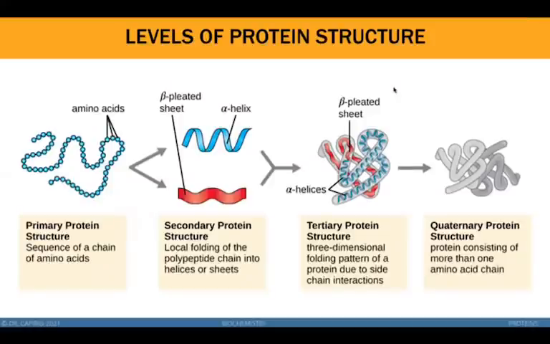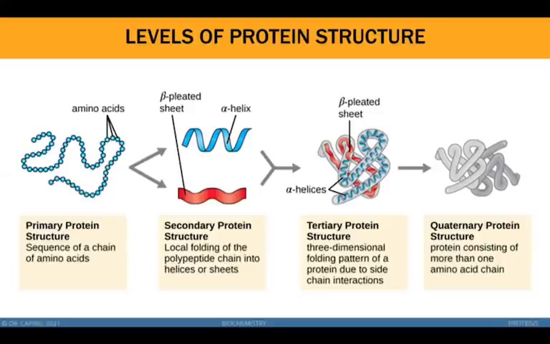Now, proteins are organized into levels of structure. We have the primary structure of proteins, the secondary structure, tertiary structure, and quaternary structure. When we say primary structure, this is what we have been discussing in the previous lecture, the amino acid sequence of a peptide. This is just the sequence of amino acid chains of a peptide.